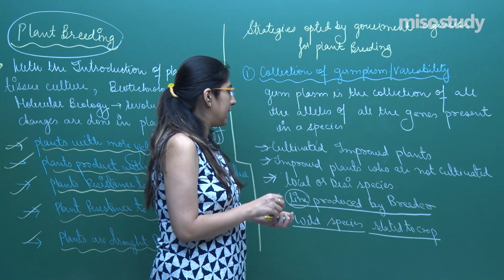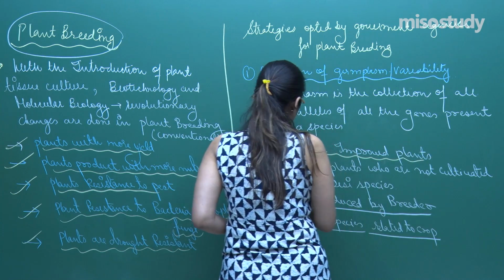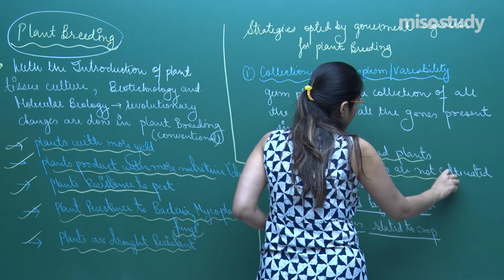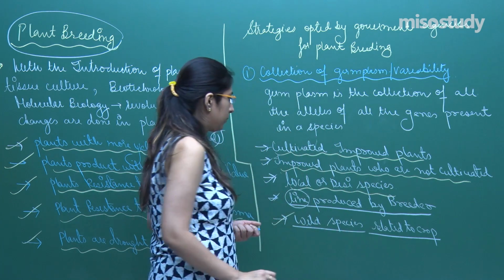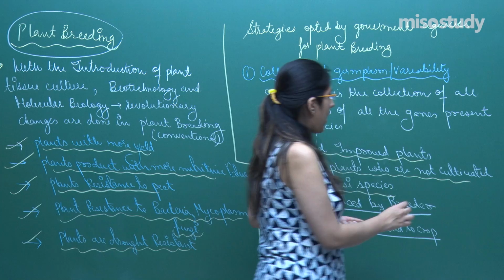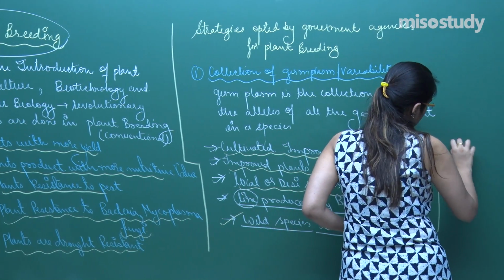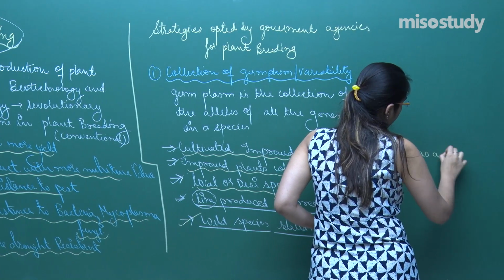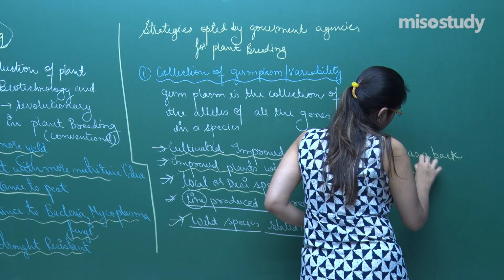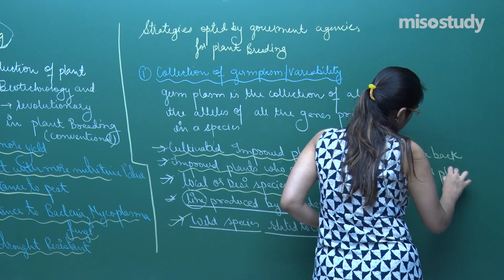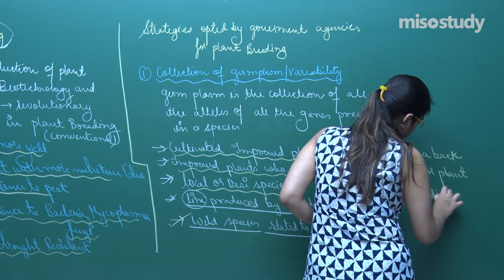First was the cultivated improved plant. These all constitute the prerequisite for the plant breeding experiment, right. So they all act as a backbone for the plant breeding experiment.